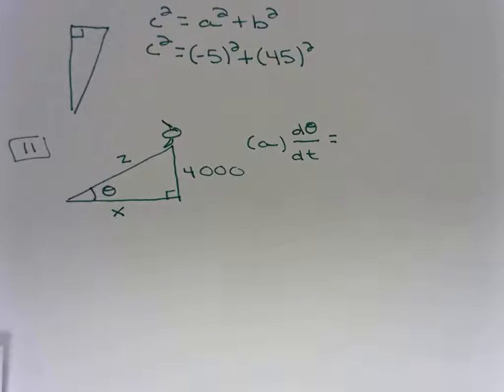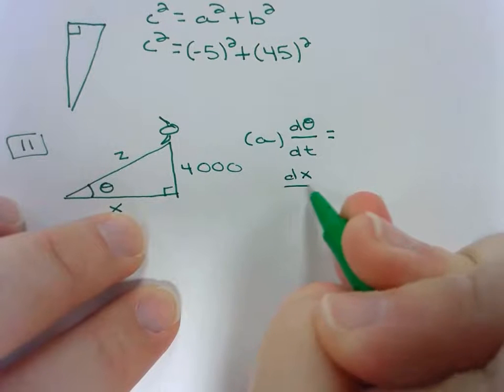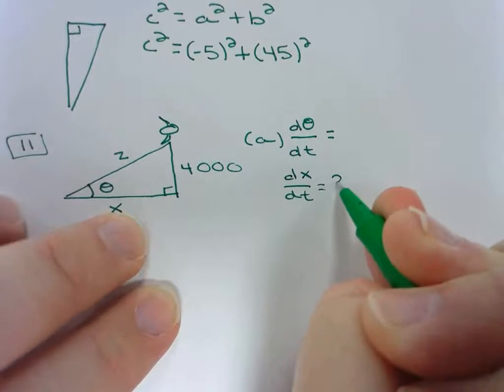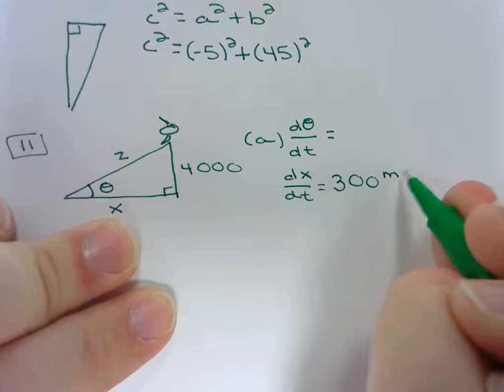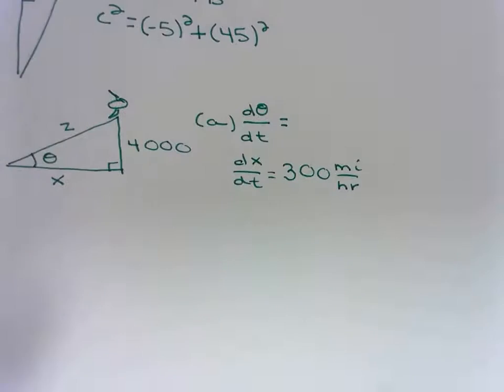What side of this triangle gives me the actual distance traveled? X. So dx/dt is going to be 300 miles per hour. Whenever I do speed, it's always the horizontal distance, the distance I've traveled compared to time. So dx over dt, they tell me, is my other rate, 300 miles per hour, because that is a speed.